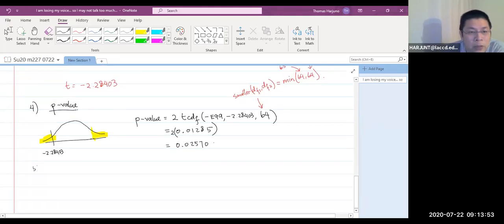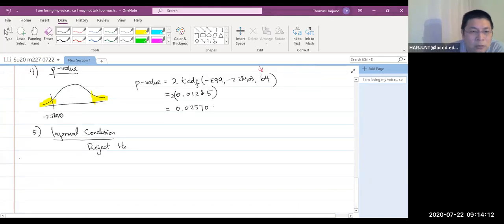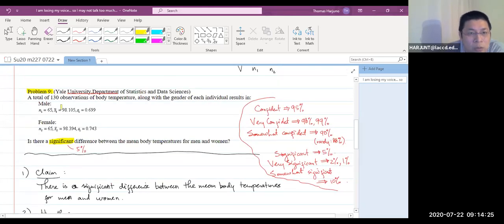So from here we see the informal conclusion: reject the null hypothesis. And then part 6, conclusion. You see the difference is actually very small, don't you think so?